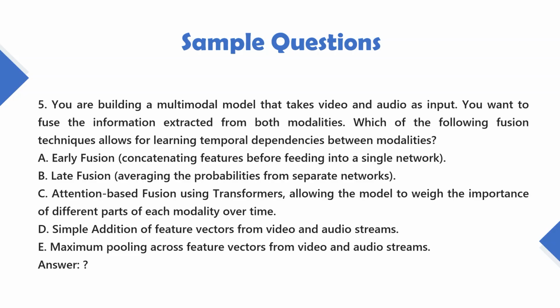B. Late fusion, averaging the probabilities from separate networks. C. Attention-based fusion using transformers, allowing the model to weigh the importance of different parts of each modality over time. D. Simple addition of feature vectors from video and audio streams. E. Maximum pooling across feature vectors from video and audio streams.